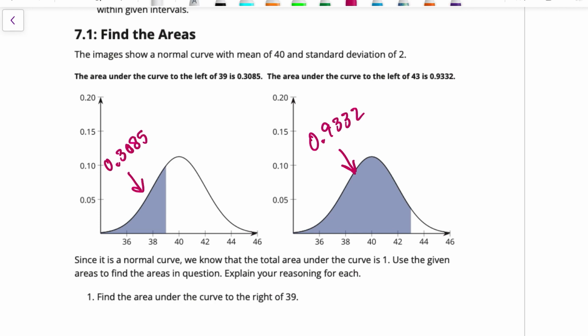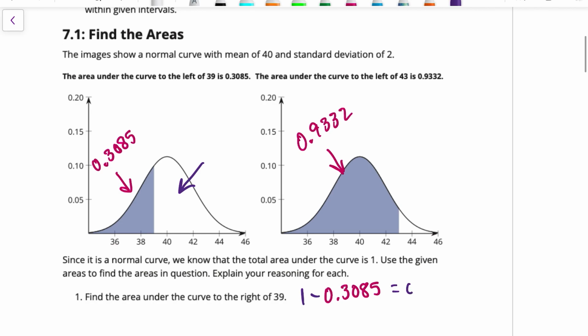So now we're looking at this side. Well, remember that the whole area is 1. So 1 minus that 0.3085 would give us 0.6915. So that would be the area to the right of 39.